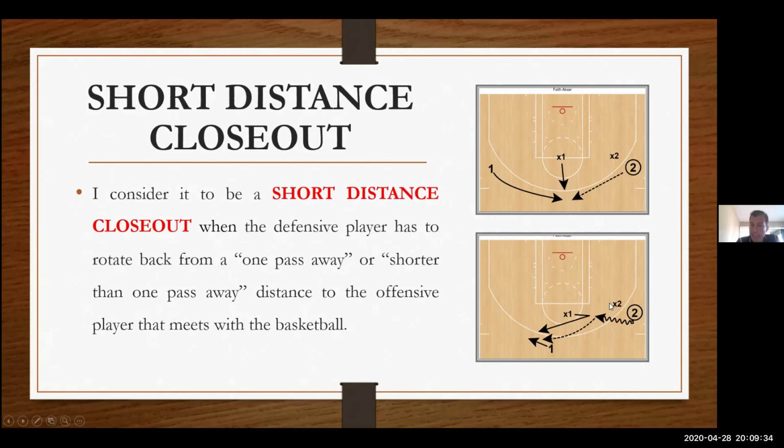And in the second diagram, we see some kind of a dribble drive action happening, and the defensive player is about to jab and recover back to the offensive player, who in this case is spacing out. I just wanted to share these two diagrams with you to give you an understanding of what I mean by short distance closeout.